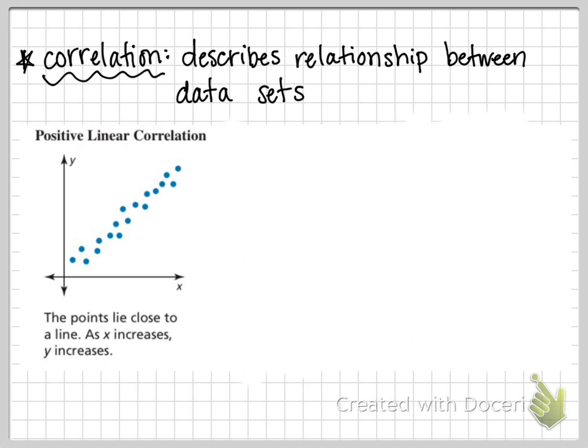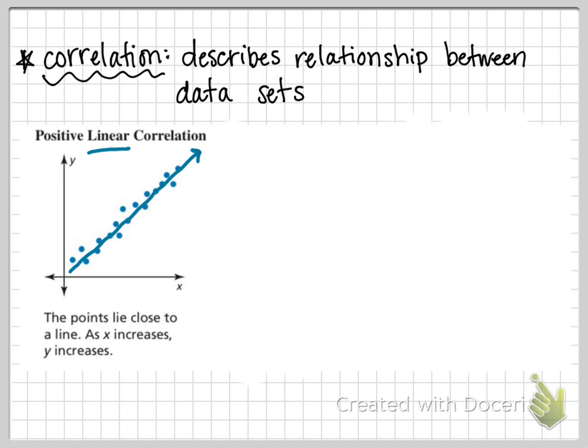So the calories increased. So it's a positive correlation. Think about this like slope, right? A positive slope rises from left to right. Positive correlation rises from left to right. So as x increases, y increases. This is also linear correlation because it follows the shape of a line.